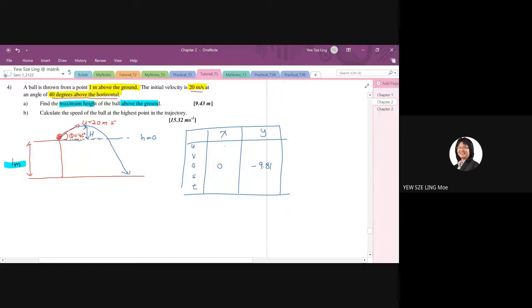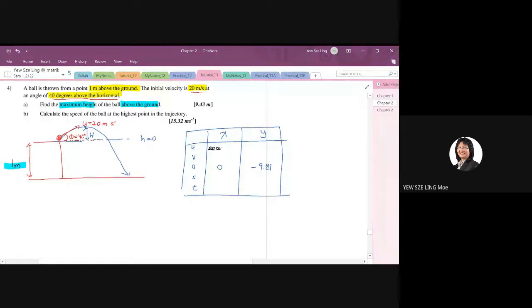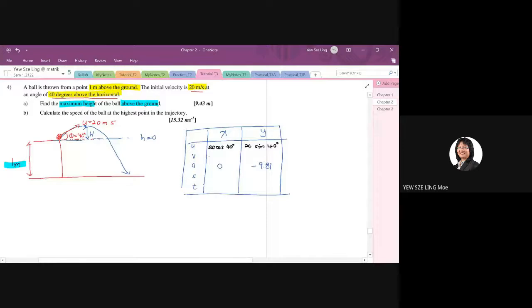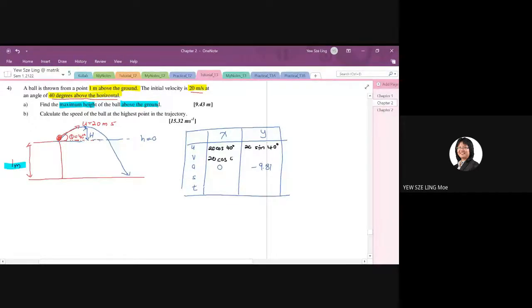Now UX, do we have it? Yes, we do, because UX is U cos theta. So 20 cos 40 degrees, and here would be 20 sin 40 degrees. VX is 20 cos 40 degrees again.